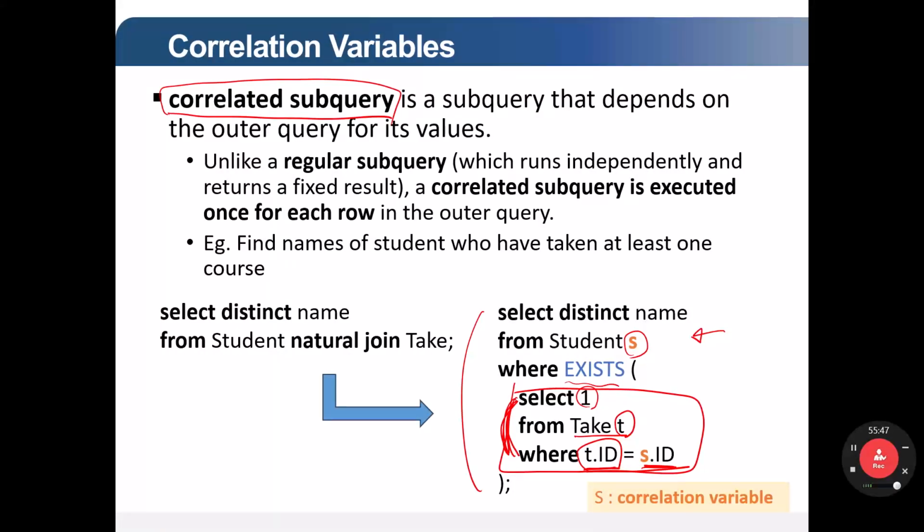So when we have a correlated query, we must process the outer query and inner query together, exactly in the same way as processing nested for loops. That's what this bullet is saying. We need to process the correlated subquery for every single row, single record of the outer query.